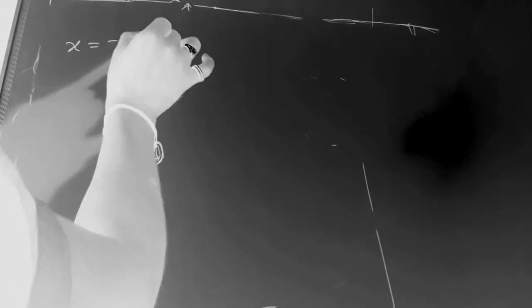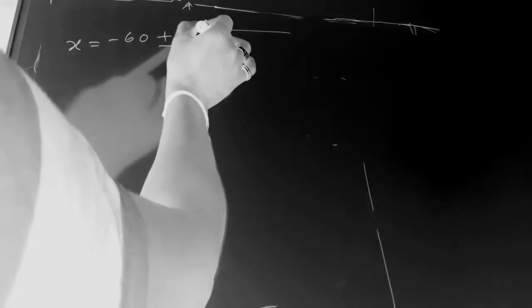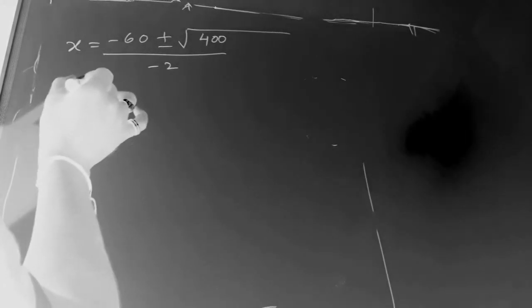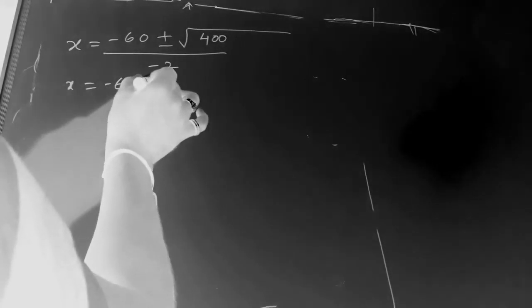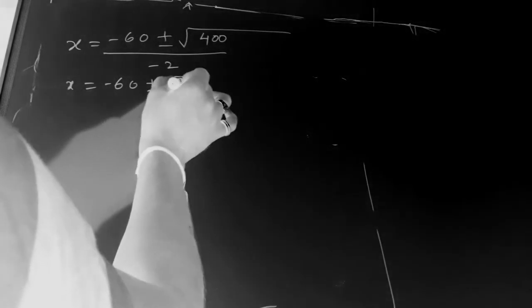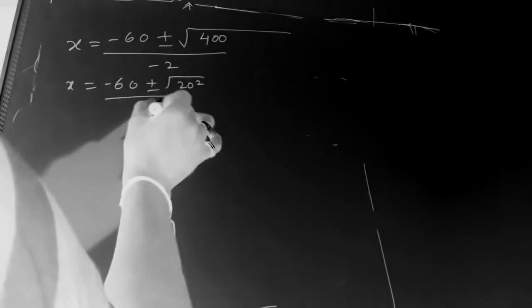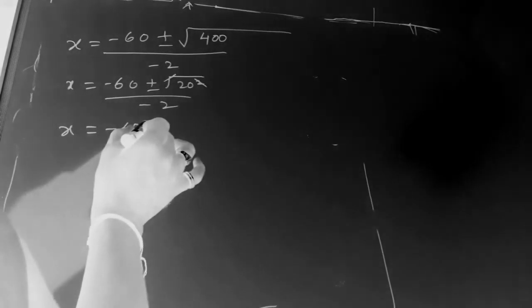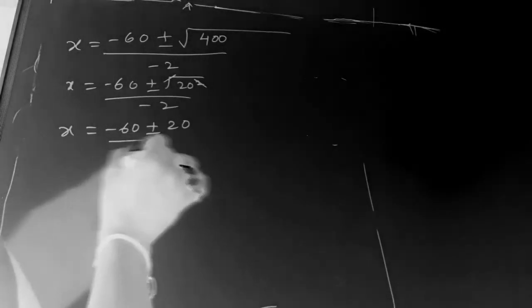So x is equal to minus 60 plus or minus under root 3600 minus 3200, which is 400, by minus 2. Root 400 is 20, so the square and root get cancelled. x is equal to minus 60 plus or minus 20 by minus 2.